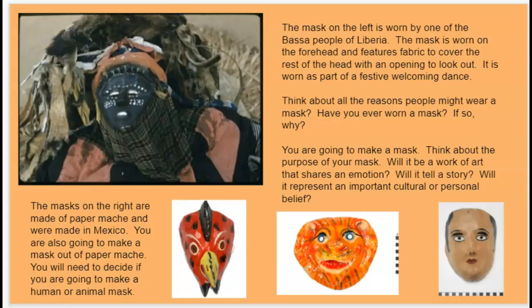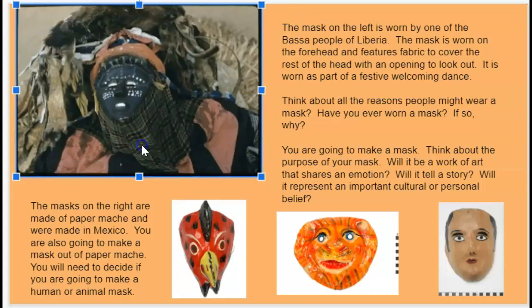Usually when we think of a mask, we think of something that's directly over our face, but in order for the dancer to be able to see what they're doing, you can see there's some fabric below that mask. That's where the dancer's face actually is, so they can see through that fabric as they're dancing. So the mask is actually above their actual face.